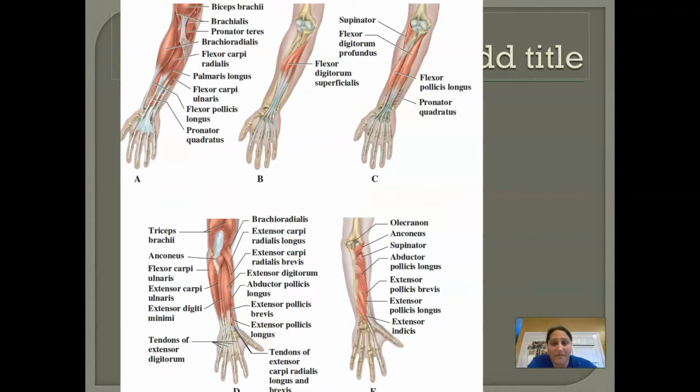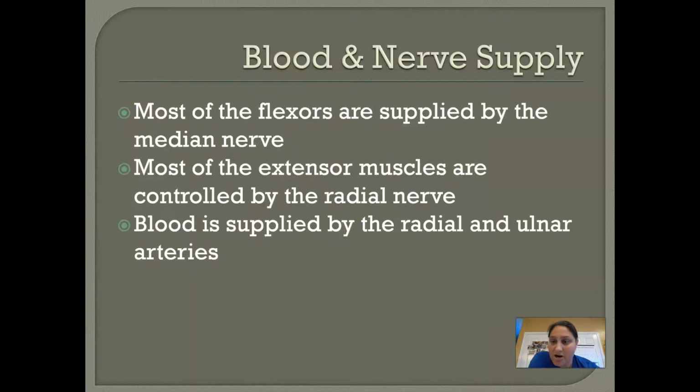In the forearm, on the anterior aspect, you've got your flexors, and on the posterior aspect, you have your extensors. I would take a little bit longer to kind of note and look at each of these. There are blood and nerve supply, again, that we've talked to you about. It's more deep. Most of the flexors are supplied by the median nerve, and the extensors are controlled by the radial nerve.